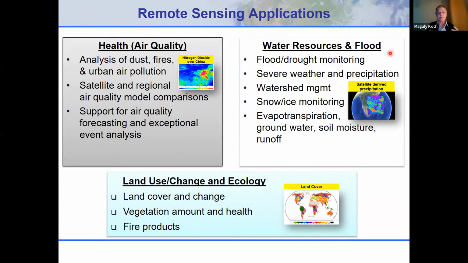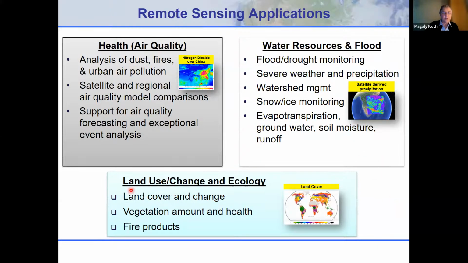So these different components of the Earth systems are linked, so they cannot really be observed in isolation in order to produce a model that explains the processes that are responsible for precipitation, for flooding, for evapotranspiration, groundwater recharge, soil moisture, and so on.